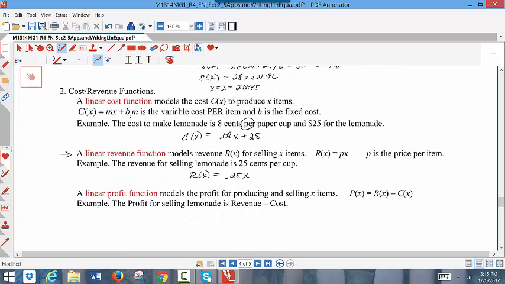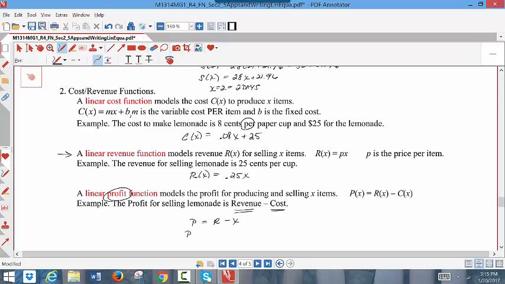The profit function is your revenue minus your cost. Your revenue is the money people give you when they buy your lemonade, minus your cost, which is your expense in your cups and the actual lemonade itself. So our profit function equals our revenue minus our cost.